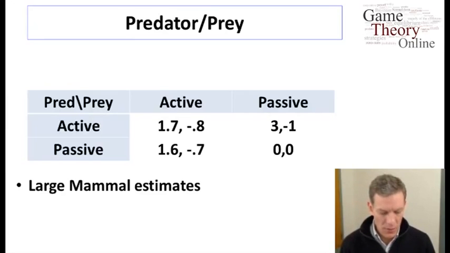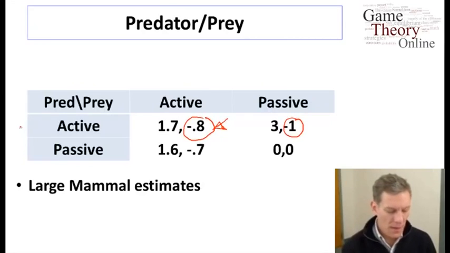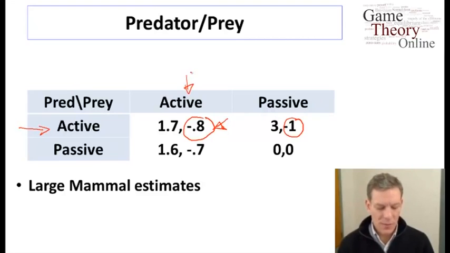Here we see, in the case where the predator is active, payoffs of either -1 versus -0.8. So the best response for the prey, if the predator is active, is that the prey should also be active. So we have a best response of active for the prey against active for the predator.